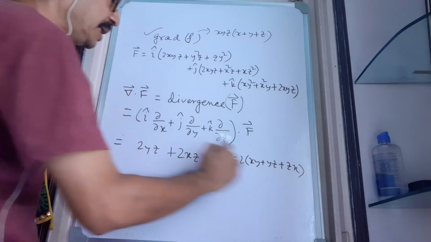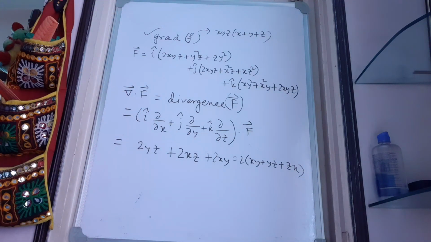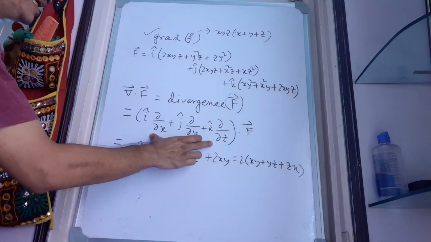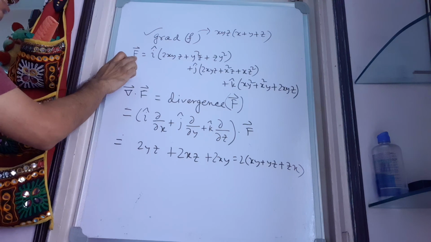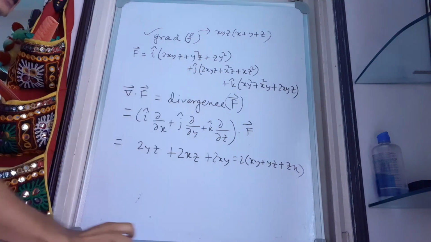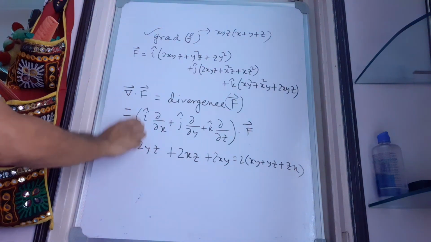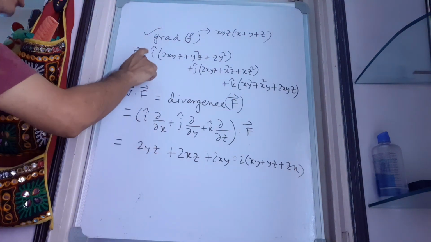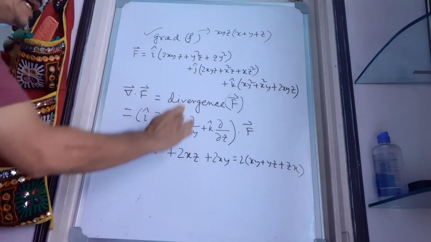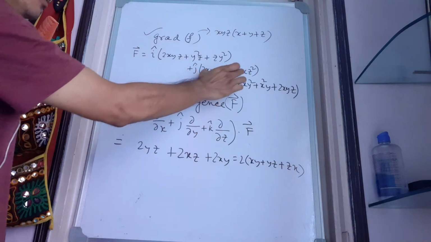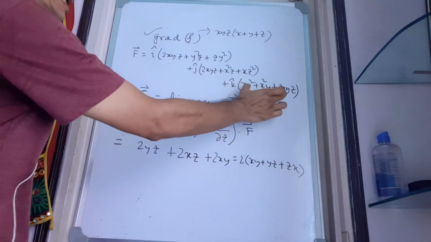This is a scalar quantity because we have taken the dot product. You can easily understand that when you operate this operator upon this vector point function, i cap dot j cap becomes 0, i cap dot k cap becomes 0. So, we are left with only i cap dot i cap del/del x of this, j cap dot j cap del/del y of this and k cap dot k cap del/del z of this.